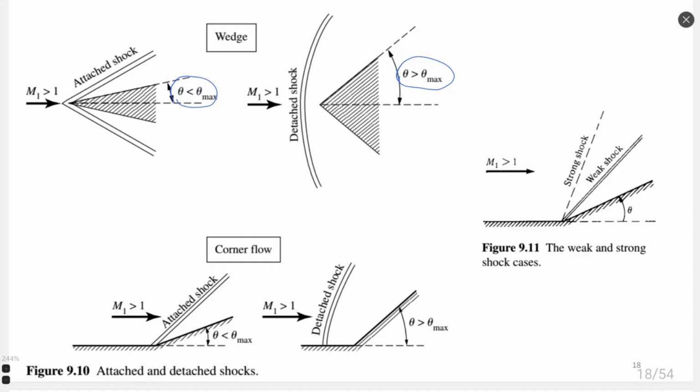And from a computational point of view, we will never see a difference. So wedge and corner, once they are both two-dimensional, have absolutely the same flow and characteristics of theta max. They are the same for both of these cases. Okay.